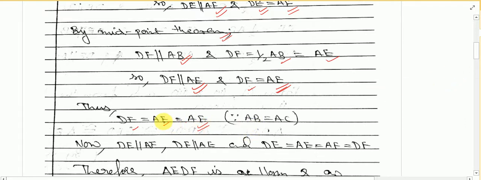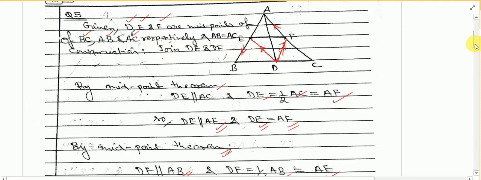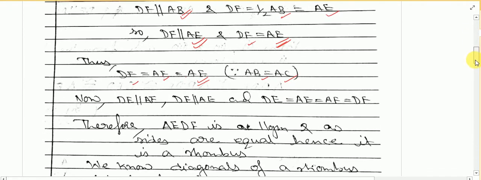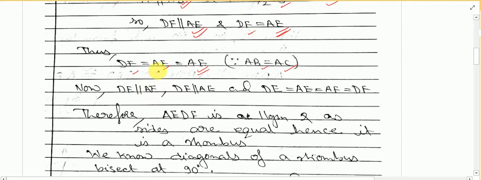So why I am saying that AF is equal to AE? Because AB is equal to AC, because this triangle ABC is an isosceles triangle. So then we are getting DE is parallel to AF and DF is parallel to AE, and DE is equal to AE is equal to AF equal to DF.